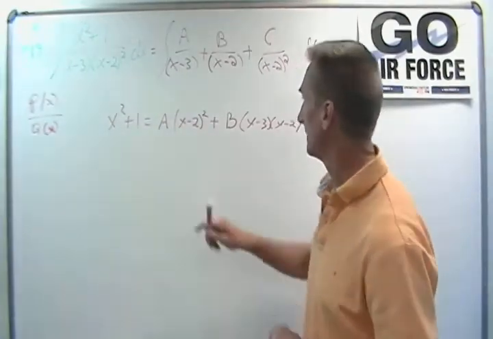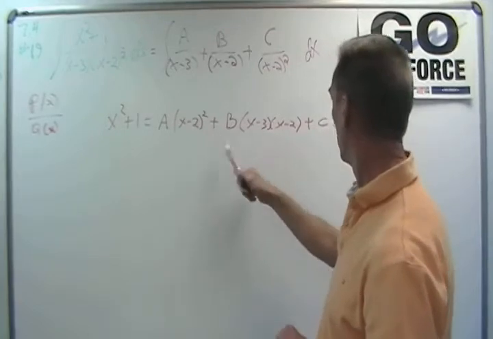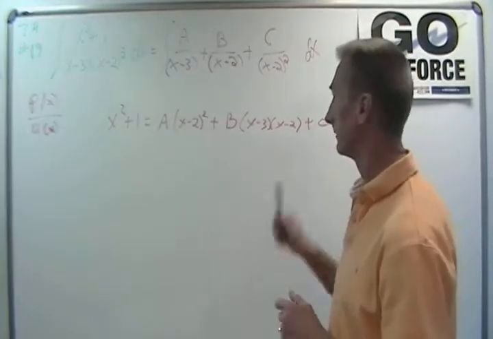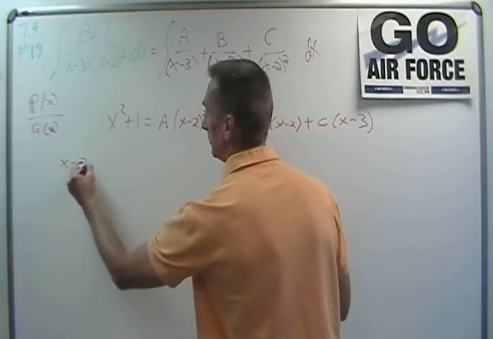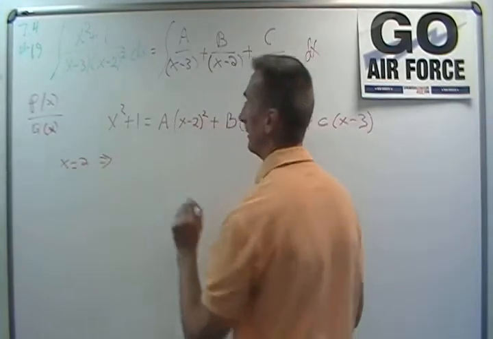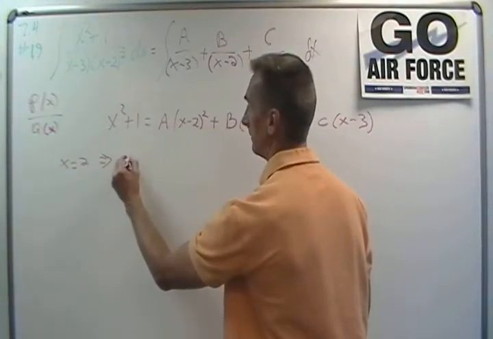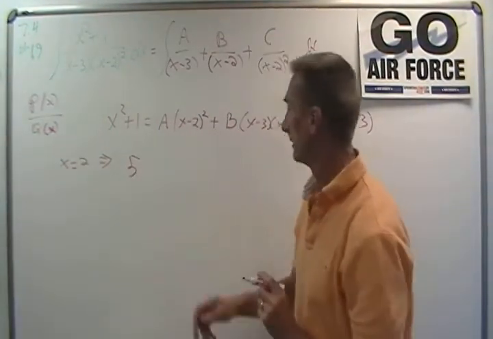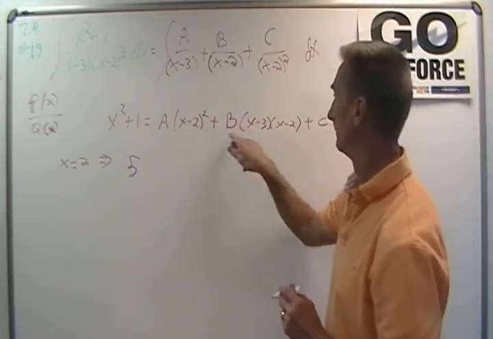First of all, let's set x equal to 2, and that should now allow us to solve for C. If we make x equal to 2, that gives us 4 plus 1, which is 5. If x is equal to 2, this whole thing is 0.